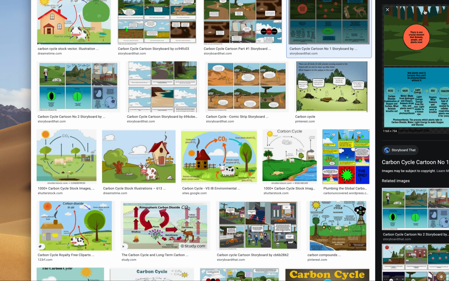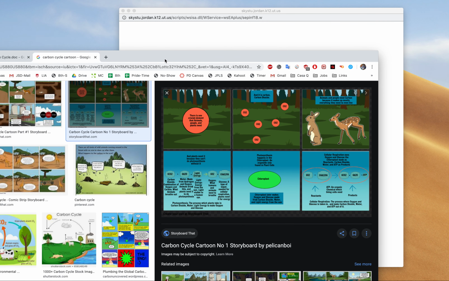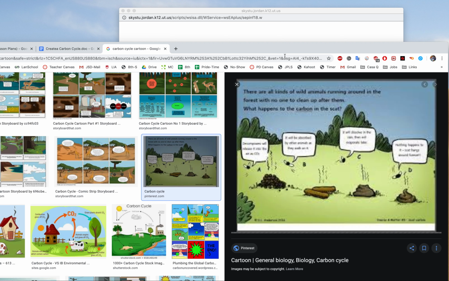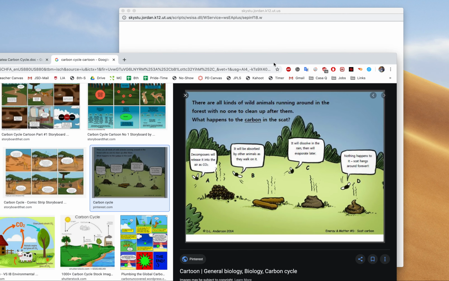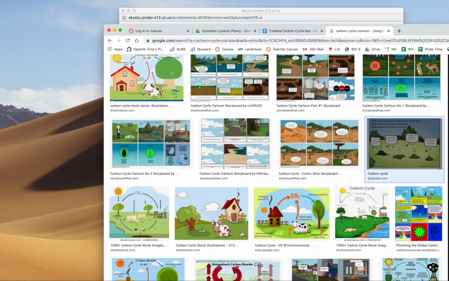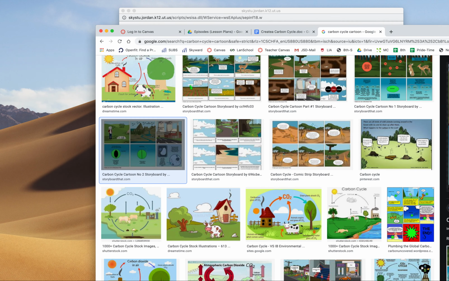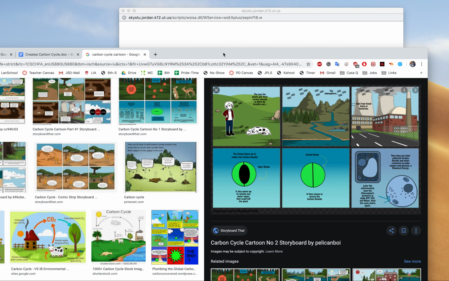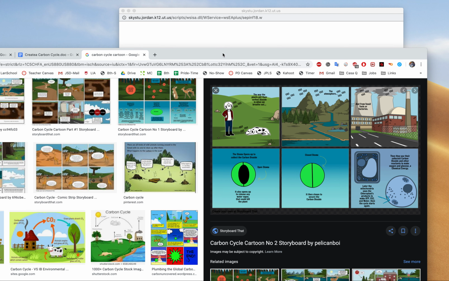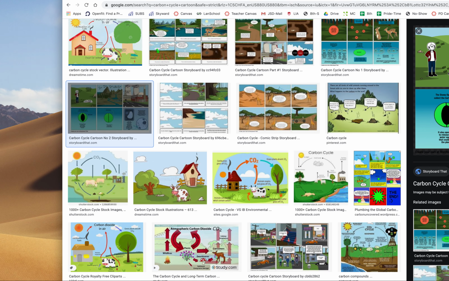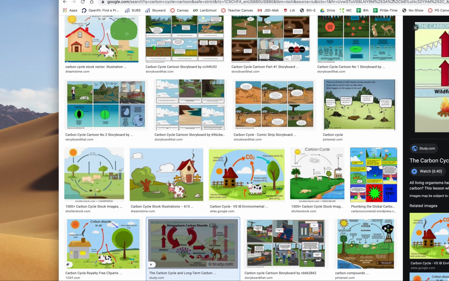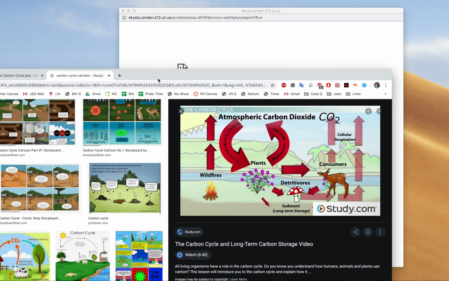But again, that's not in the reading. That's not what the reading is saying. If you were to draw something like this, that's a little bit more accurate, but it's not in the reading. If you were to draw something like this, again, that's better. A lot of these parts are actually in the reading, but the reading didn't go all the way into cellular respiration. So if you were to draw something like this, that's pretty good.